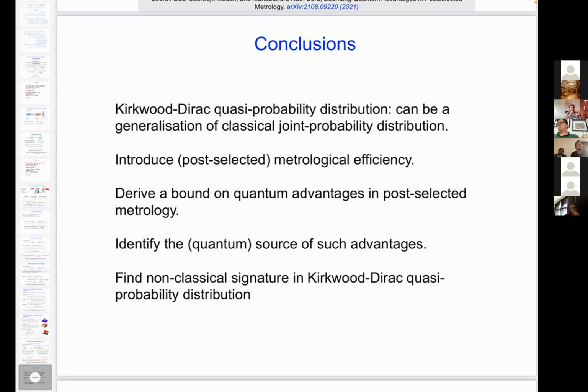Yes, I agree. The Nature Communications paper by Shetwright and Nicole argued from the perspective of the Kirkwood-Dirac quasi-probability distribution and the extended Kirkwood-Dirac quasi-probability distribution. But our argument is something different. Our argument is how to catch that notion of non-classicality. If you are having the positive element, is it sufficient to say you are having non-classicality, or something else?